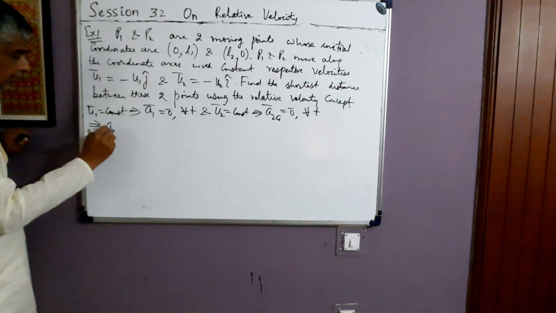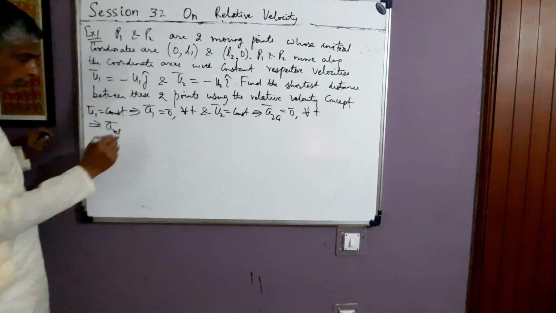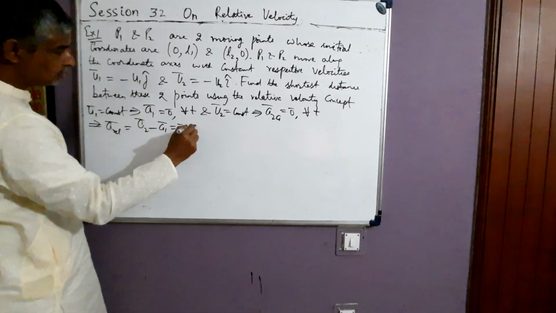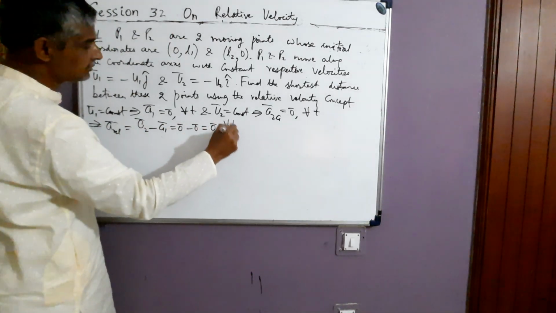That means relative acceleration between these 2 points in the ground frame, a2 minus a1, is 0 minus 0, that is 0 for all times.